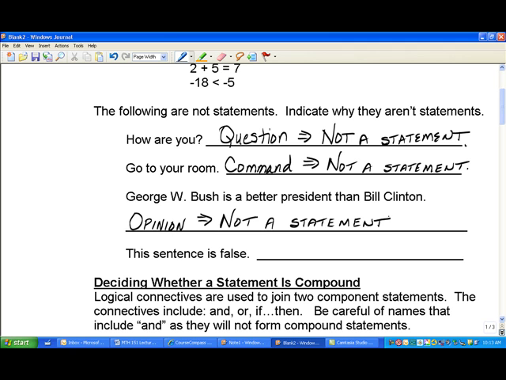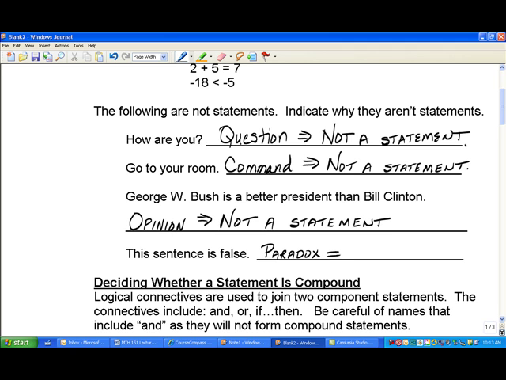Okay, and our last one, this sentence is false. If it's true, then it's saying it's false. If it's false, then it's saying it's true. So you're actually getting into a paradoxical situation, and so it's both true and false at the same time.